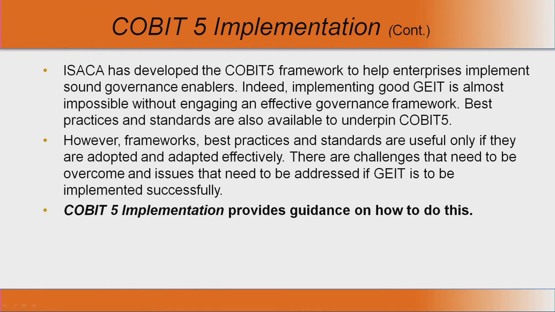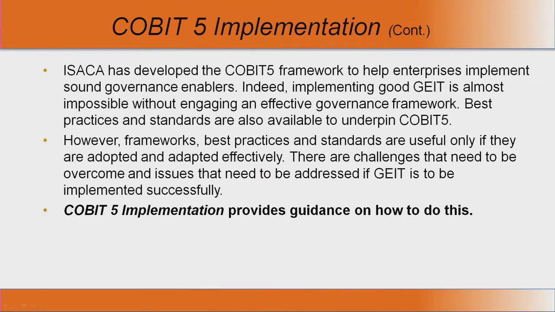Frameworks, best practices, and standards are useful only if they are adopted and adapted effectively. It is not just a copy and paste job; you need to adapt the standard to suit your IT requirements, and you need to implement it properly so that you get maximum leverage and maximum benefit out of the implementation. There are challenges that need to be overcome and issues that need to be addressed if GEIT is to be implemented successfully.